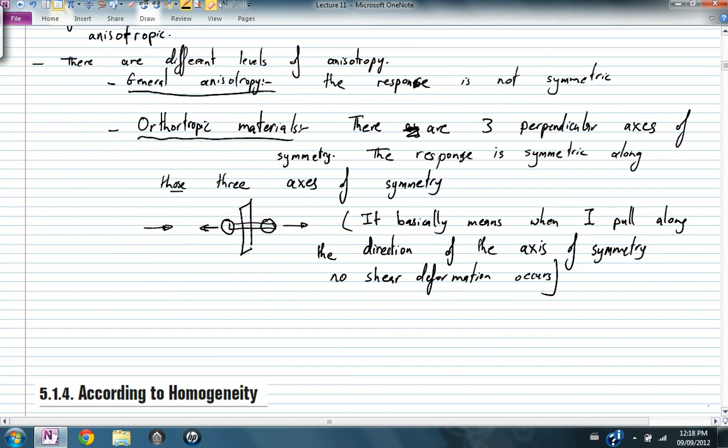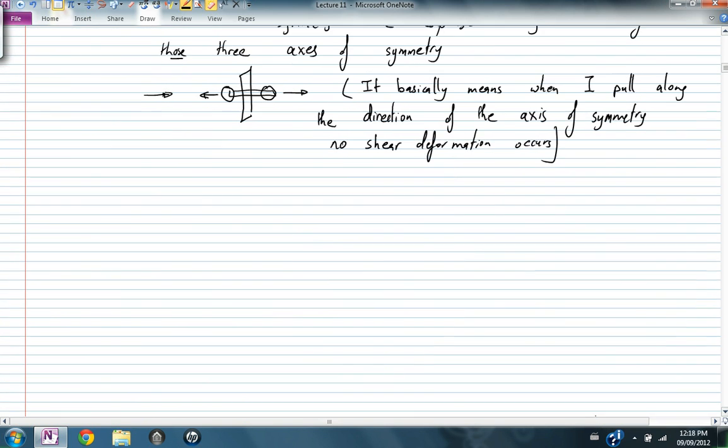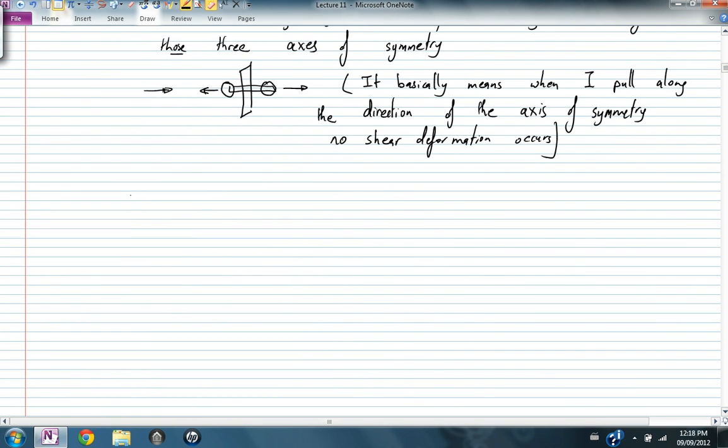So examples of these materials are materials that have some sort of fibers oriented in three directions. You can get a polymer material which has fibers in this direction that gives it a certain behavior in this direction, and fibers in a different direction that gives it different stiffness in the third direction, and these fibers might not be the same, so you get different Young's modulus in each direction, and perhaps no fibers in the third direction.